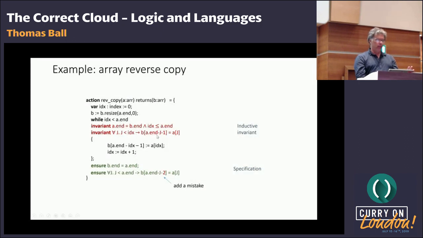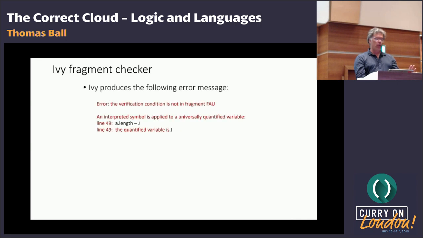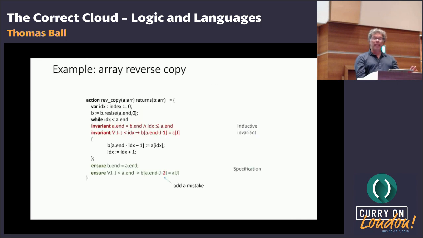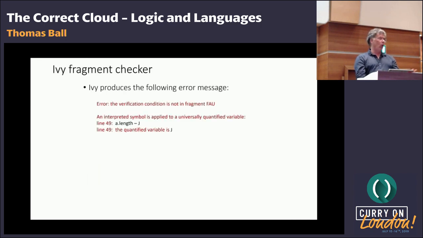And for many proofs of this sort, when you mix arithmetic with first order, if you're not careful, the solver will perhaps go off the deep end and not return. So in Ivy, this code is not allowed because it's mixing two theories. It's mixing quantifiers and linear integer arithmetic.